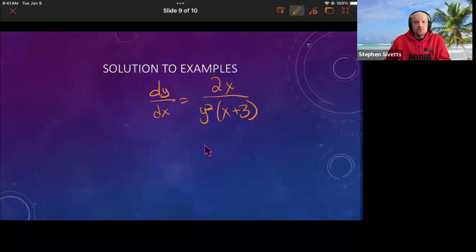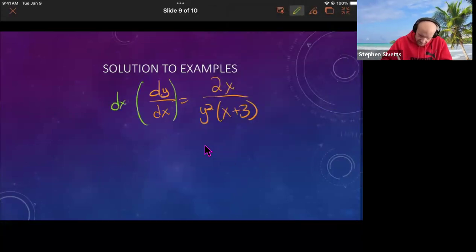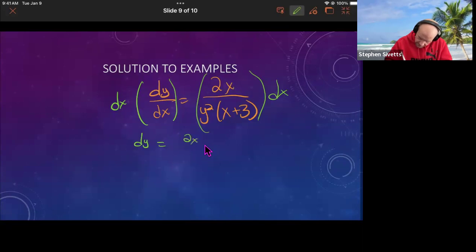So first step, we want to gather all of the y variables on the left-hand side, and we want to gather all of the x variables to the right-hand side of the equation, right? So first step, let's multiply both sides by dx. So we'll have dy equals 2x over y squared times x plus 3 dx, right?